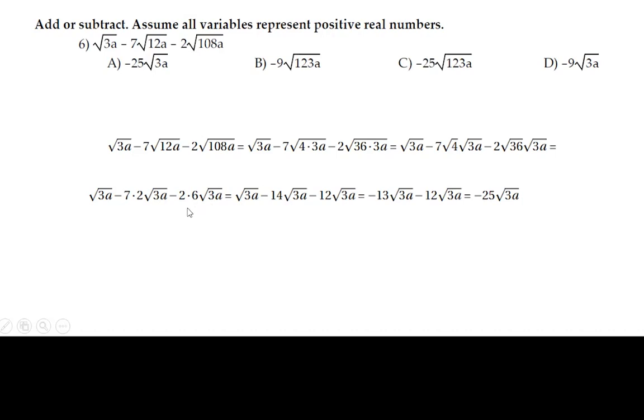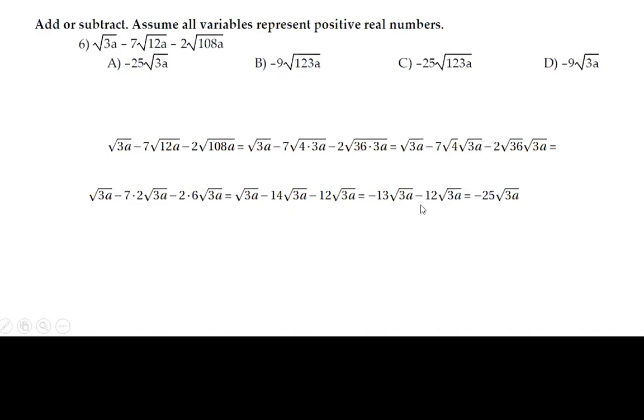So now we have radical 3a minus 7 times 2 radical 3a minus 2 times 6 radical 3a. We can do this multiplication, the 7 times 2 and the 2 times 6, giving us radical 3a minus 14 radical 3a minus 12 radical 3a. One of them minus 14 of them is negative 13 of them.